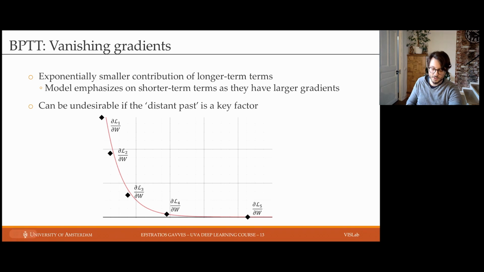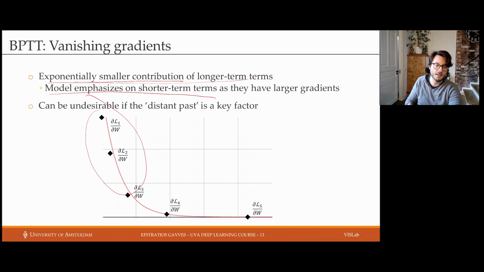With vanishing gradients, as we explained, we obtain an exponentially smaller contribution. In the context of convolutional neural networks, that was for the very early layers, and now it's for the very early, very long-term components in our data sequence. So what it means is that with backpropagation through time on a standard recurrent network, the model learns to emphasize the shorter terms, what is actually closer to the present.